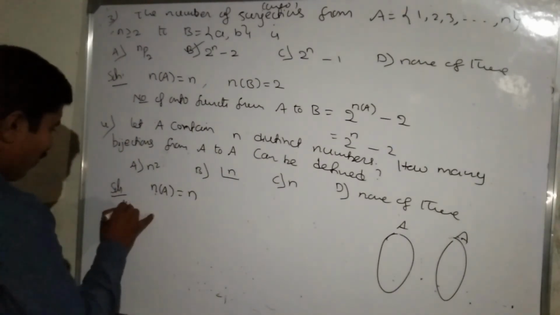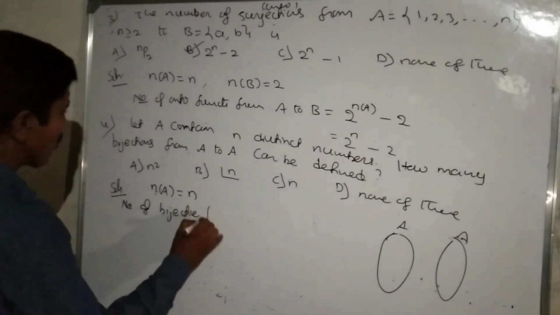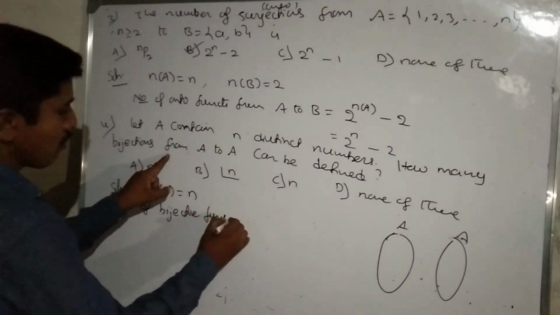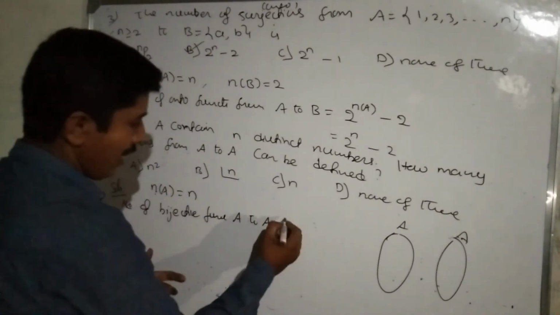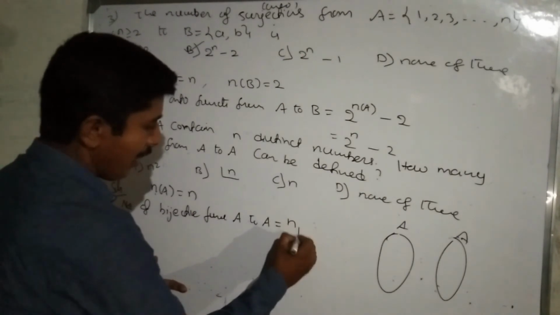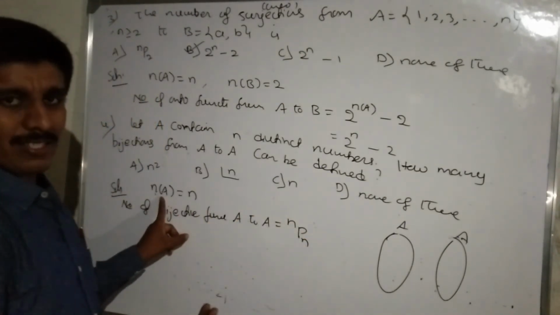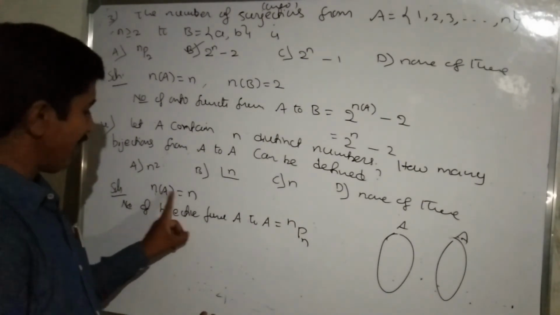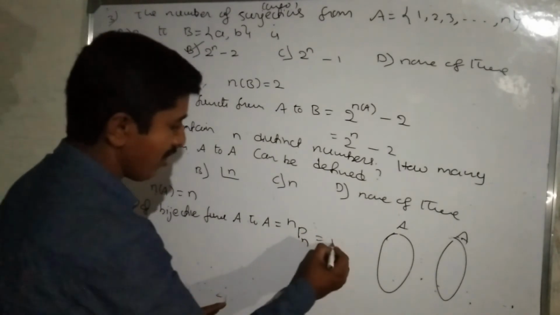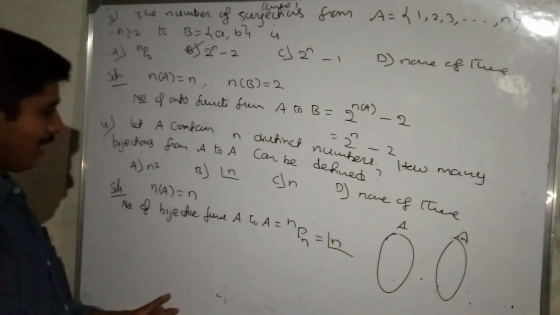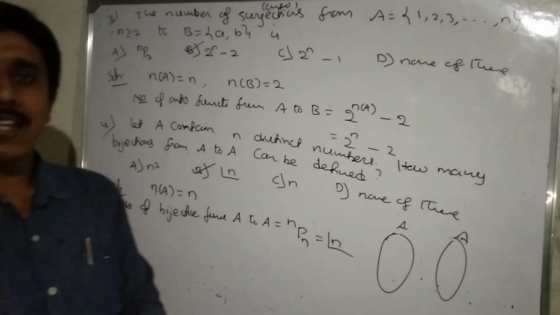For bijective functions from set A to set A, we have the formula nPn, which means n factorial. Clearly B option is the right option.